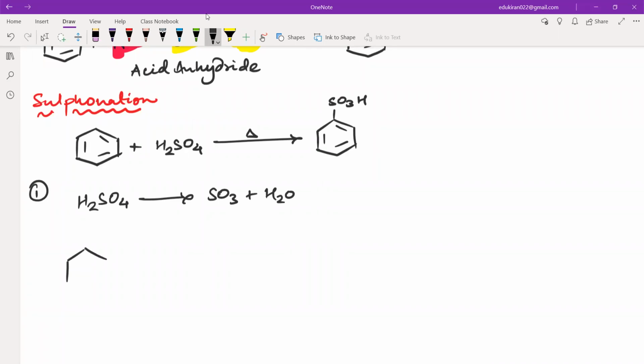So what happens? The benzene ring attacks on the sulfur trioxide, and as soon as it attacks, the sulfur breaks a bond like this, and we get something like this.